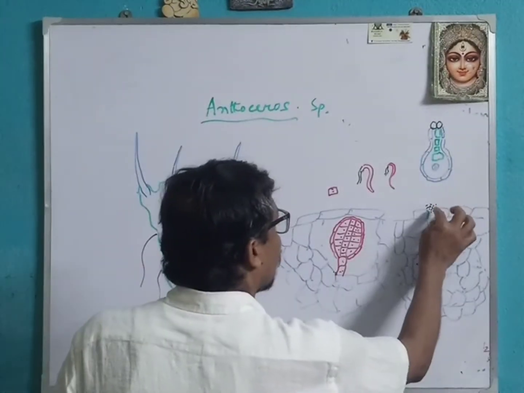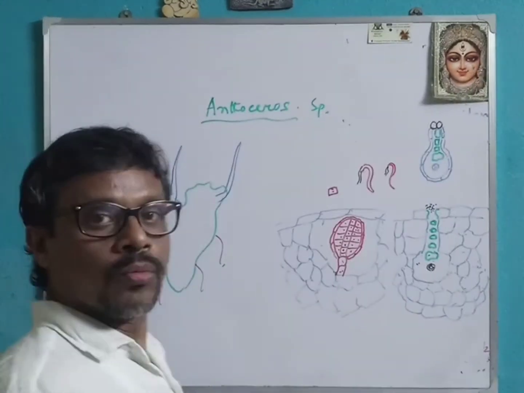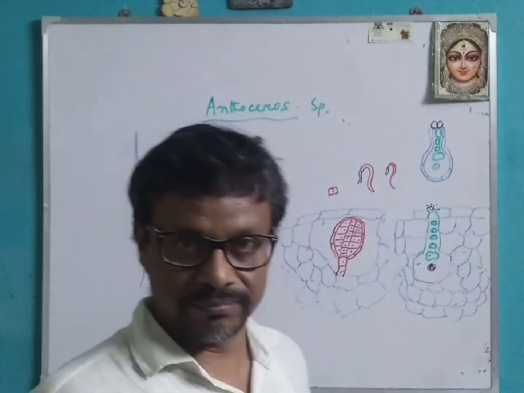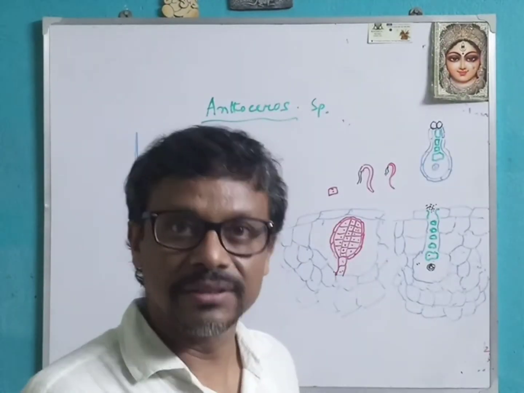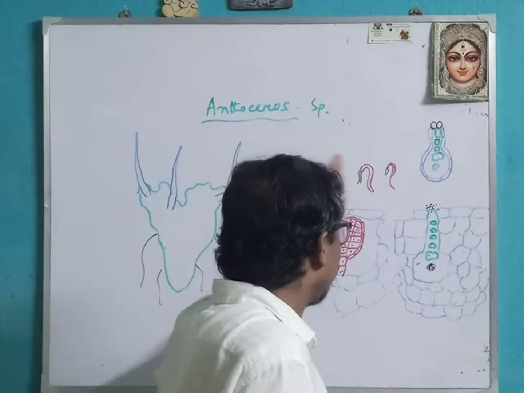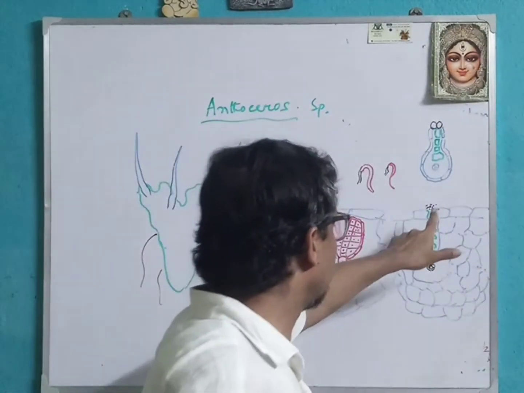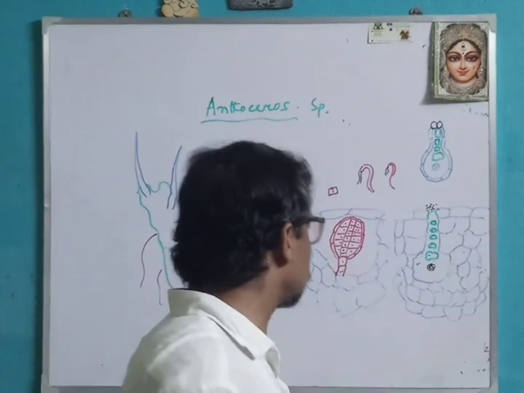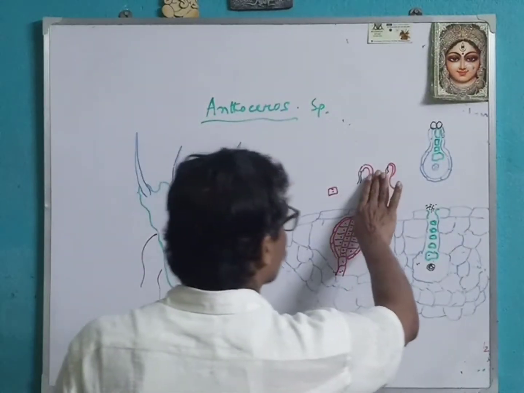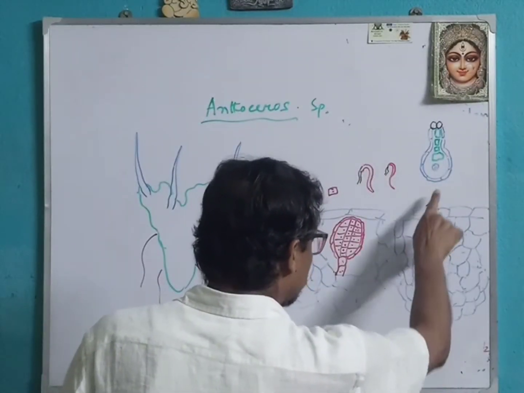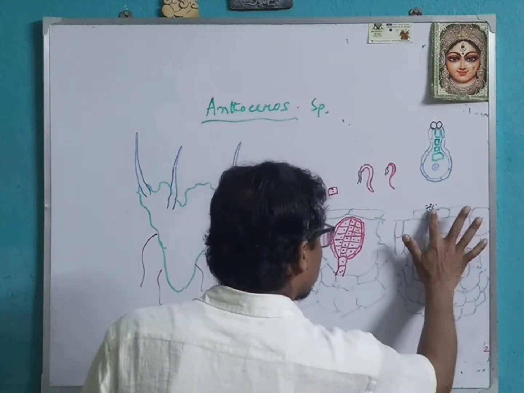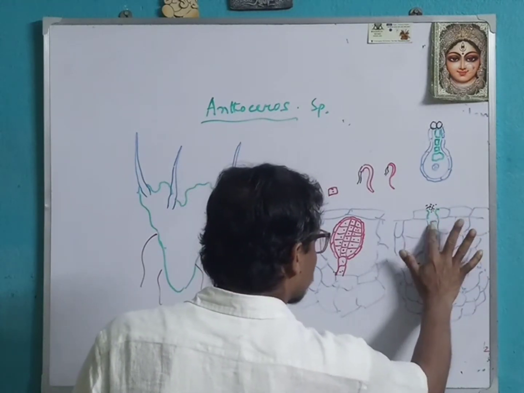So ultimately chemotactic movement, not tropic, it is a tactic movement, but under the influence of certain secretion or chemical, so chemotactic movement takes place. And when the antherozoid approaches towards the slit of the archegonium, the neck canal cells start to dissolve.